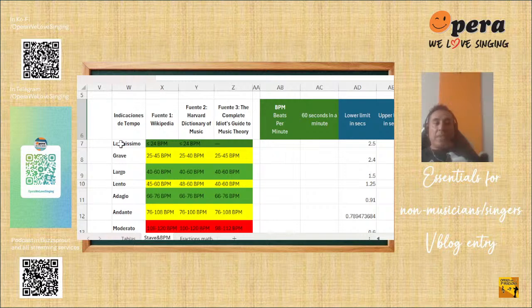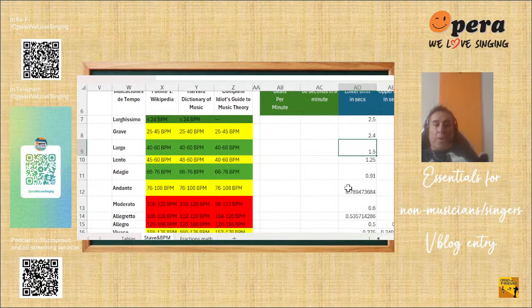Using some math for the lower and the upper limit, we just divide the number of seconds in a minute by the number of beats per minute, and that's what is going to give you the duration of each of these quarters. So a quarter in larghissimo will be 2 seconds and a half. A quarter in largo is around a second and a half. A quarter in andante is around 0.7894736684.